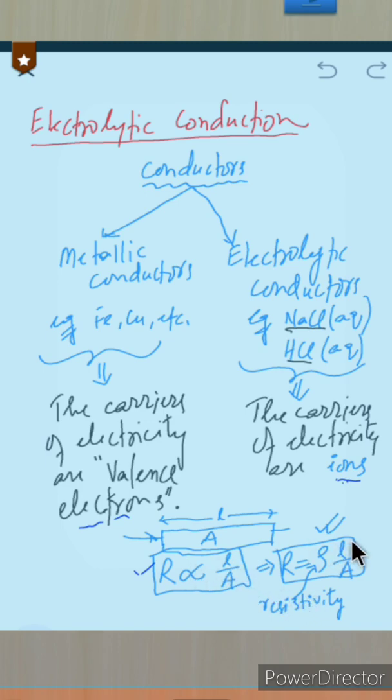The same expression will be used in electrolytic conductors also.